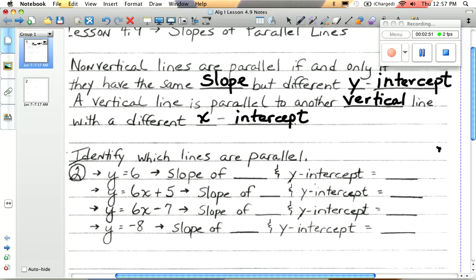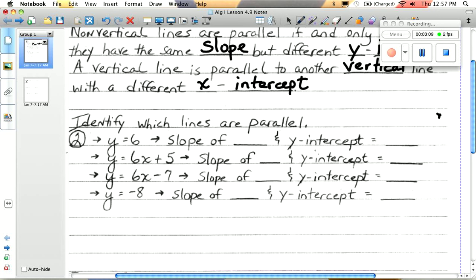X equals 3. Its x-intercept would be 3. Every point on that line would have an x value of 3. So those guys are parallel to each other.